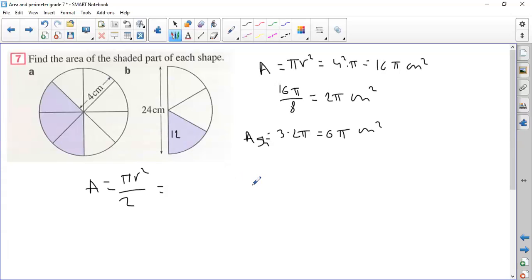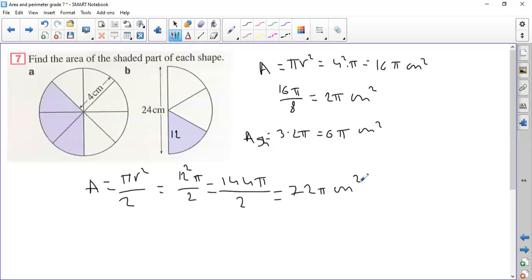So I have 12 squared times pi over 2 is equal to 144 pi over 2, which is 72 pi. 72 pi centimeters squared is the area of the semicircle.